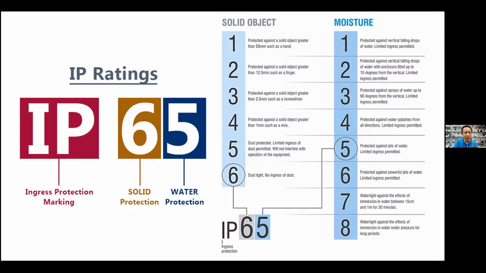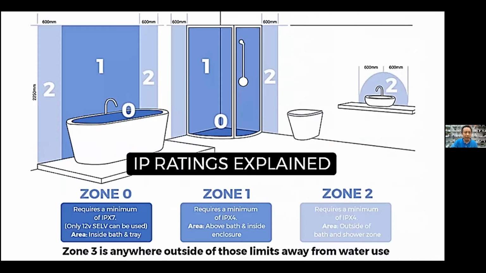So, how does it apply sa interior? Outdoor nga, di ba? 44, ganyan. Yung indoor, usually IP20. Sa bathroom, usually dinidivide siya into zones. Yung zone 0, for example, ito yung mismo nandun sa bathtub, even sa shower enclosure.